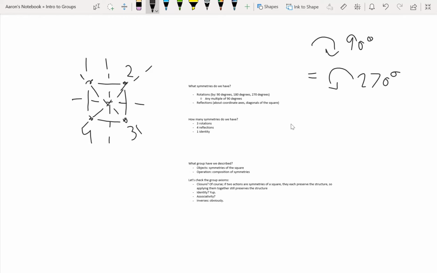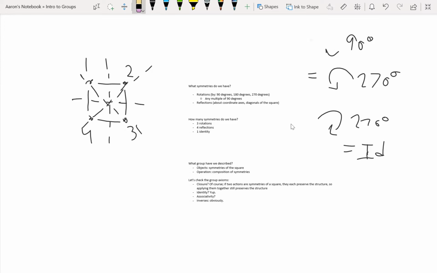Because in both cases, if you follow that by rotation clockwise by 270 degrees, this is the identity. Bold claims backed up.